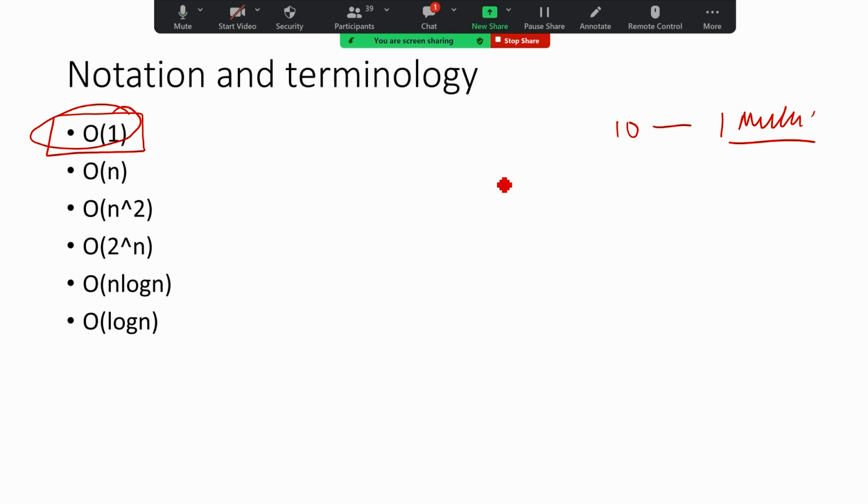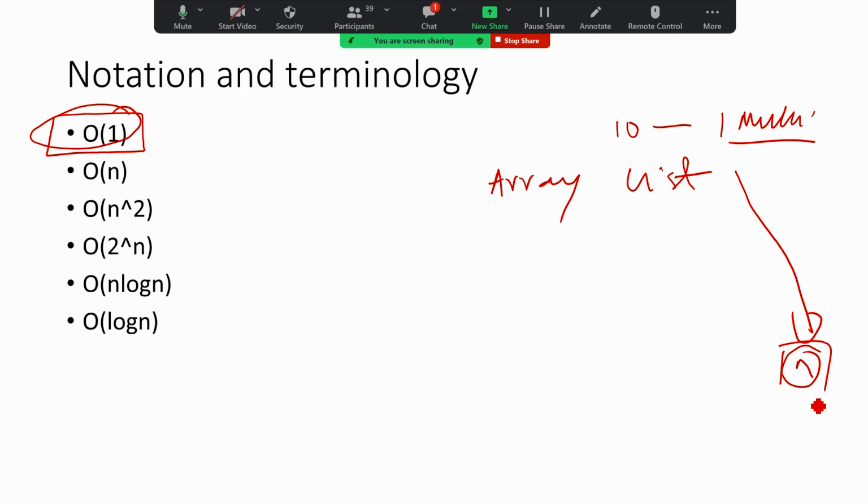Let's say I have an array, or I have a list, and that list may have n items, and n can be as big as we want, but I'm referencing A[0], or the first element in that list. What's going to be O of 1 for that piece of code?